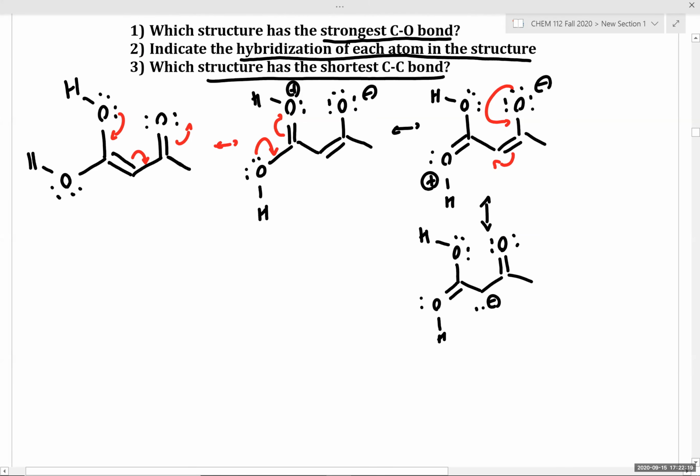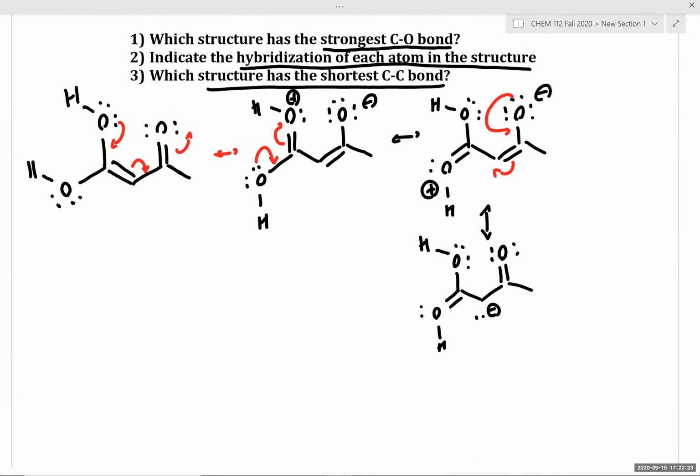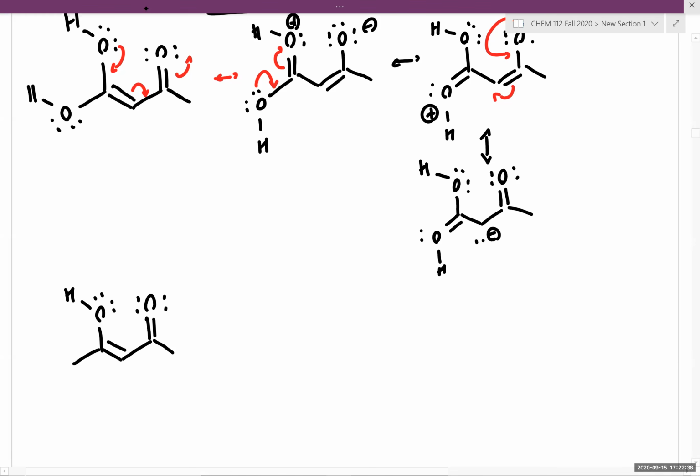So we draw out a few resonance structures for our first molecule on the left. Let's look at our molecule on the right for a moment, and let's consider what's going on in terms of resonance structures.